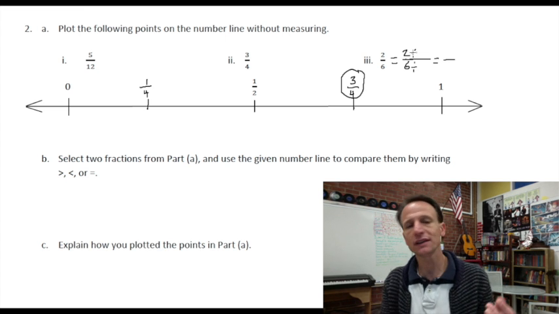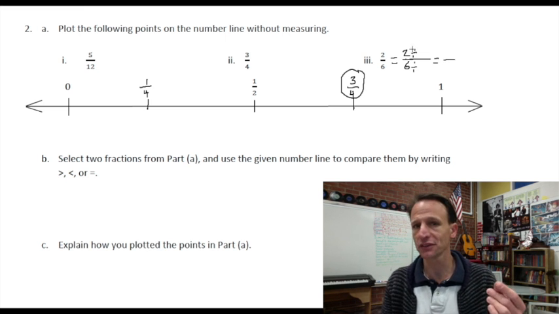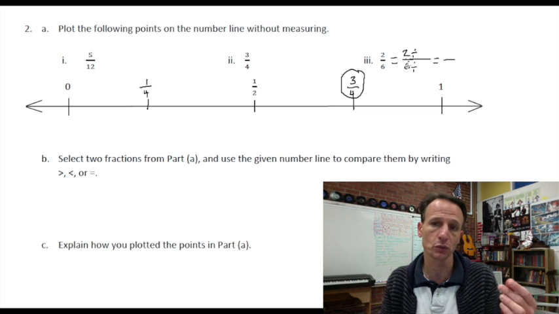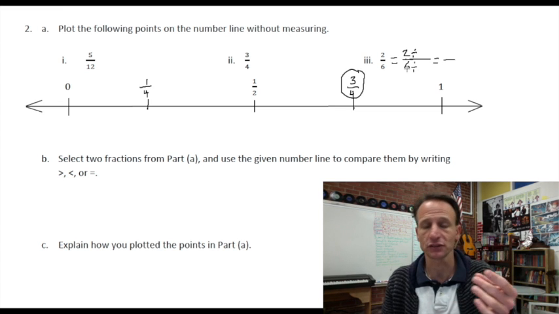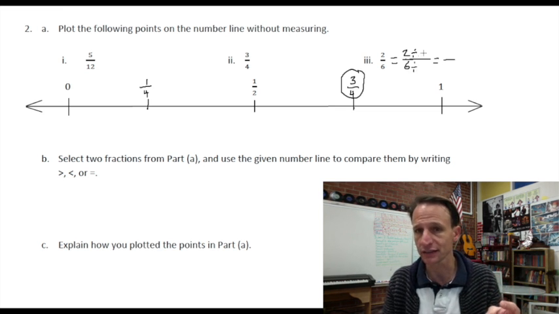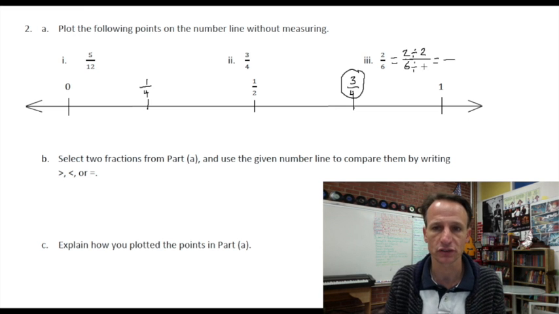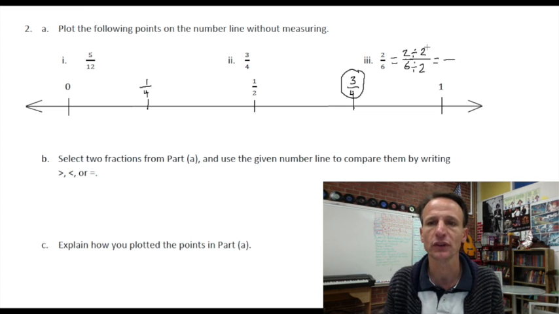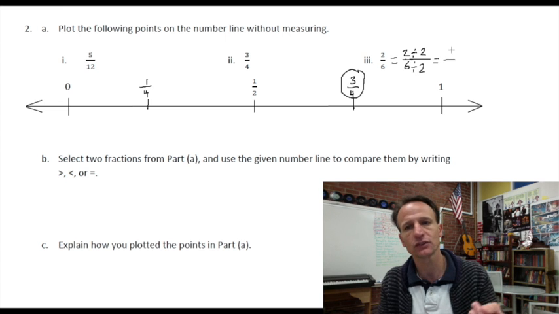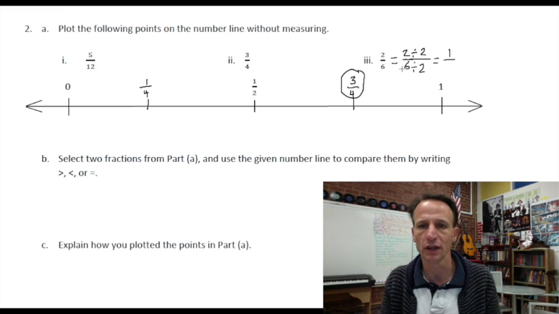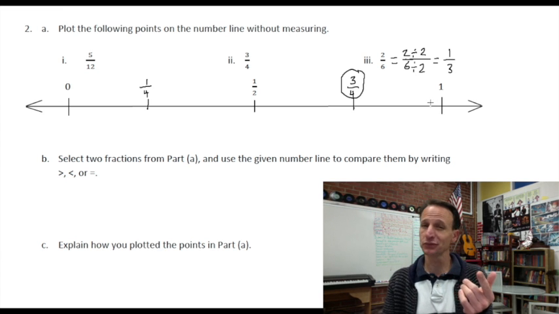Okay, so what is the largest number that is a factor of both 2 and 6? Well, factors of 2 are 1 and 2. Factors of 6 are 1, 2, 3, and 6. So 2 is the largest number that's a factor of both. And that allows us to simplify this. 2 divided by 2 is 1. 6 divided by 2 is 3. Isn't that helpful to see?